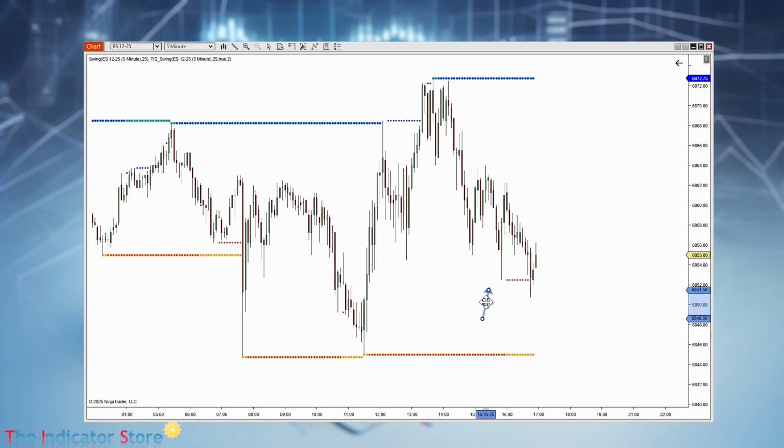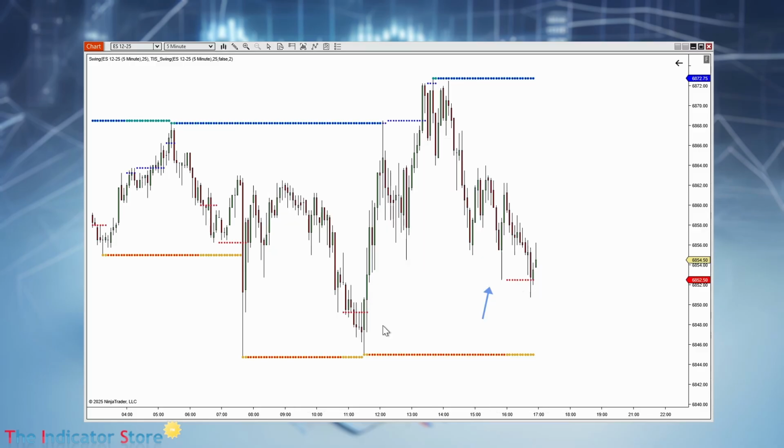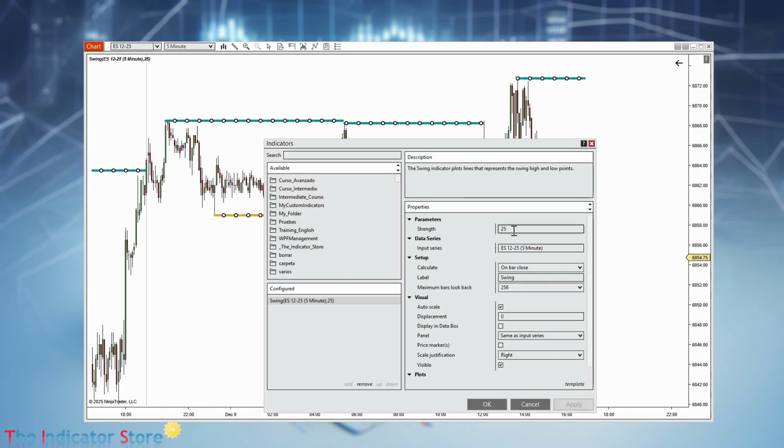If we set the don't paint at broken, the remove broken pivot, if we disable that option, that may be useful for a logic because all pivots keep being painted until it finds another one. But I have several videos about using this, but this is for a logic, to create a logic. So let's continue with the manual approach of this setup.